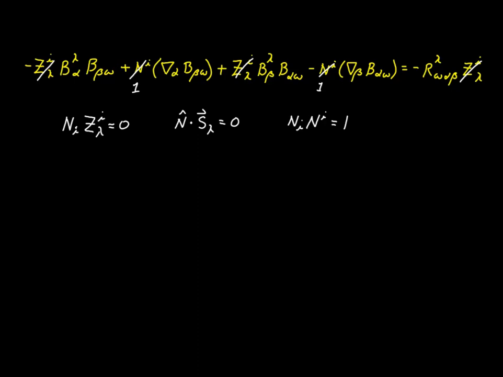There'll be this first term of the covariant derivative with respect to alpha of B beta omega, and minus the covariant derivative with respect to beta of B alpha omega, and the right-hand side is just going to be 0. So we can move this to the other side of the equation, and when we do, we're going to be left with what's known as the Codazzi equation.